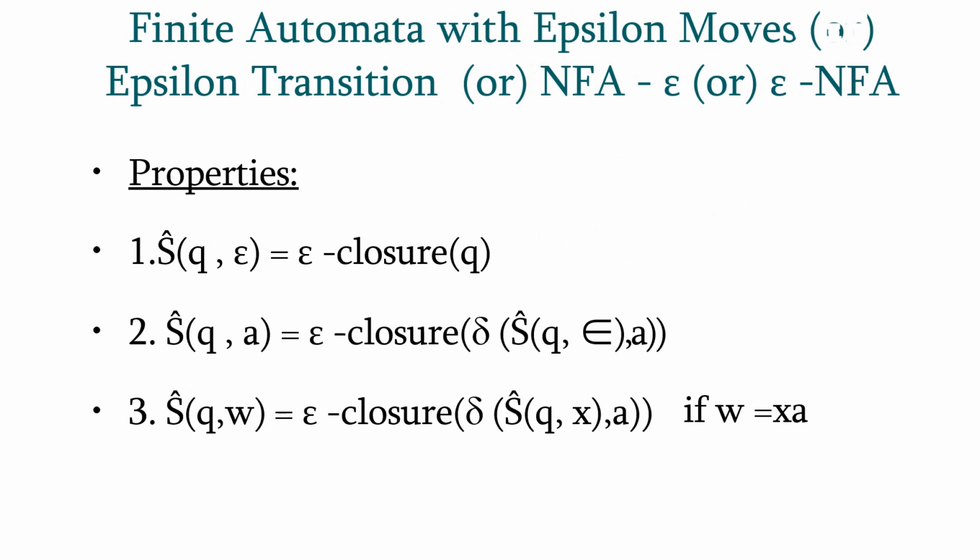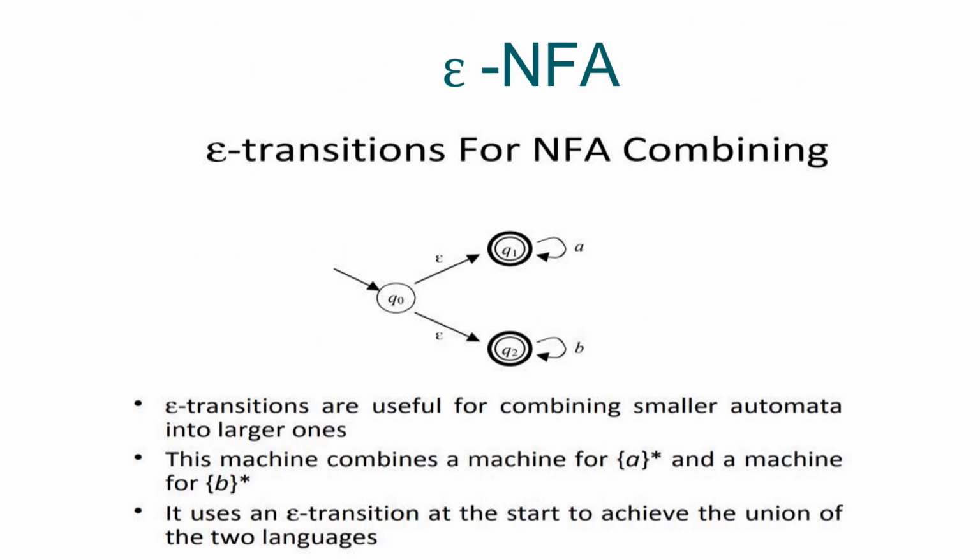We have some properties of this epsilon NFA. But first, let's see what the use of this epsilon NFA is. Epsilon transitions are used for combining smaller automata into larger ones.